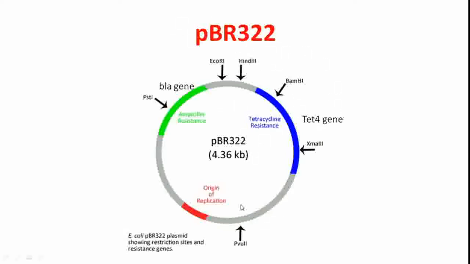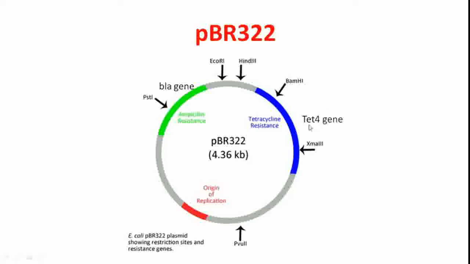The very important character of pBR322 is that it has two antibiotic resistance genes, which are called selective markers. One is the ampicillin resistance gene, called the bla gene, shown in green color here, which gives resistance to the antibiotic ampicillin.